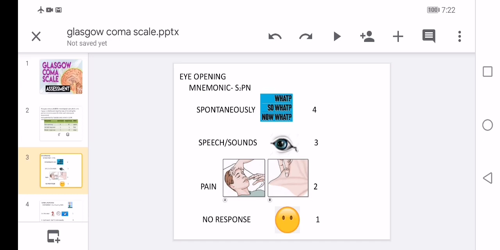While you are assessing with painful stimuli, like pressing on the supraorbital, you can see here the picture showing pressing on the supraorbital, or you can squeeze the trapezius muscle, that is central stimulation, or you can go for peripheral stimulation by pressing the nail bed, so that he can open his eyes. If he opens his eyes, you can go for grade 2. And no response, it is 1.